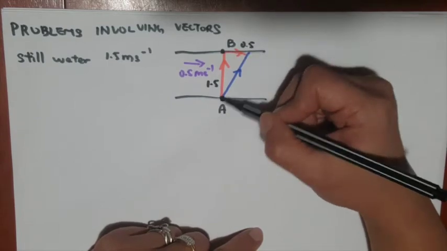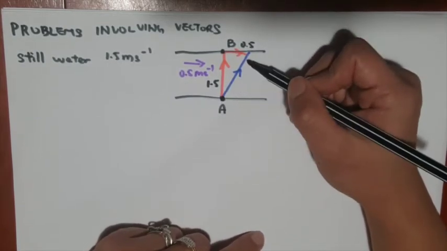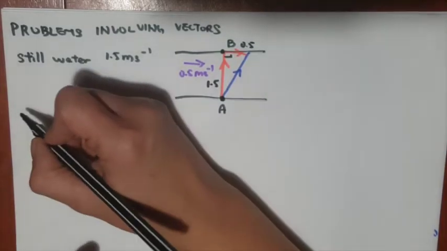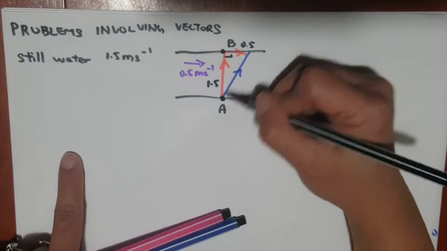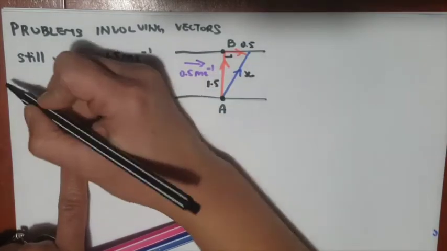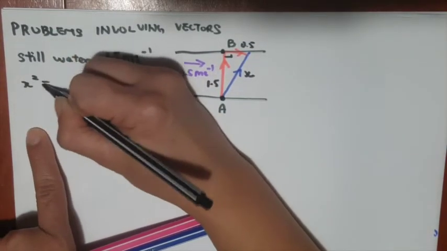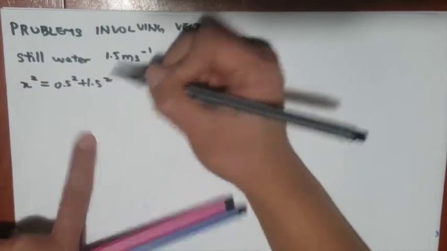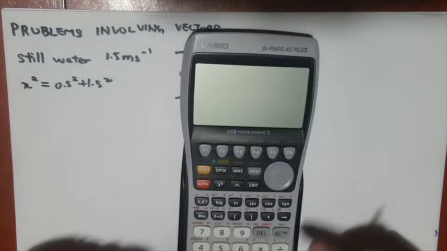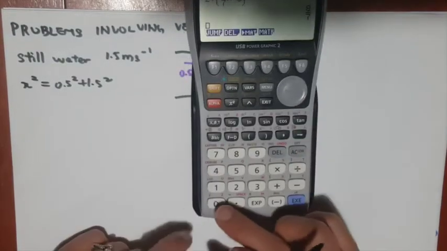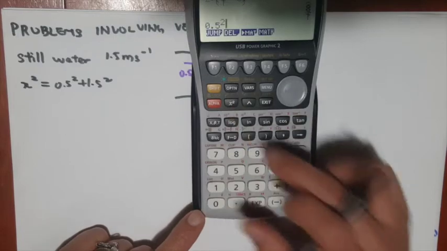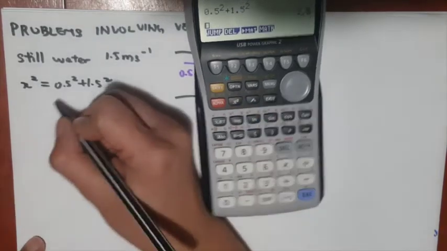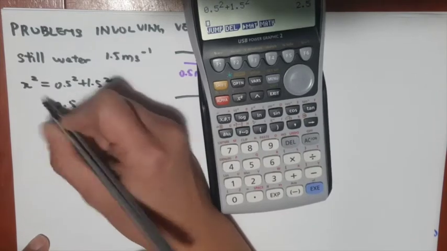So what is the actual speed of Jason? We need to use the Pythagoras Theorem. To get the length, let's say length x, we know that x squared equals 0.5 squared plus 1.5 squared. Solving this, 0.5 squared plus 1.5 squared gives the answer 2.5, which is x squared.